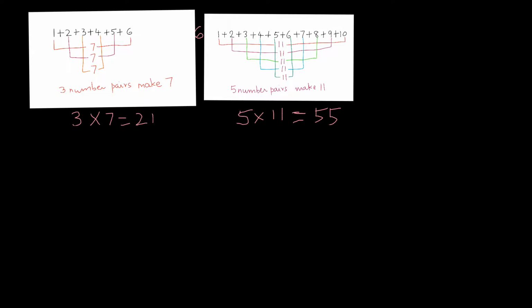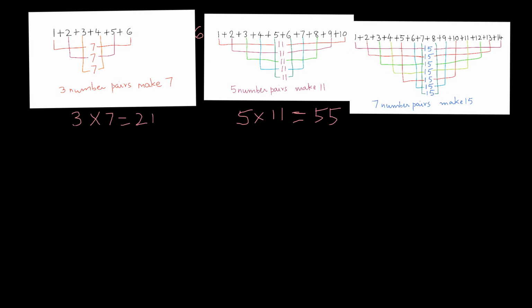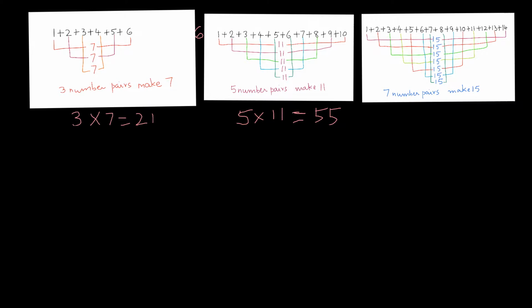Now the next example is the sum of numbers from 1 to 14. Now in this case, I get 7 number pairs that make 15. Therefore, the sum of numbers from 1 to 14 is going to be 7 times 15, which equals 105.